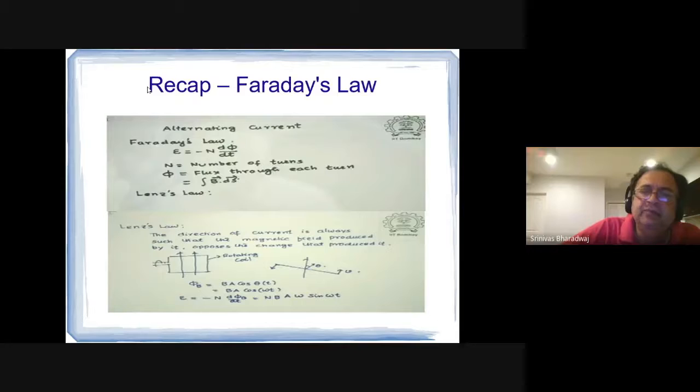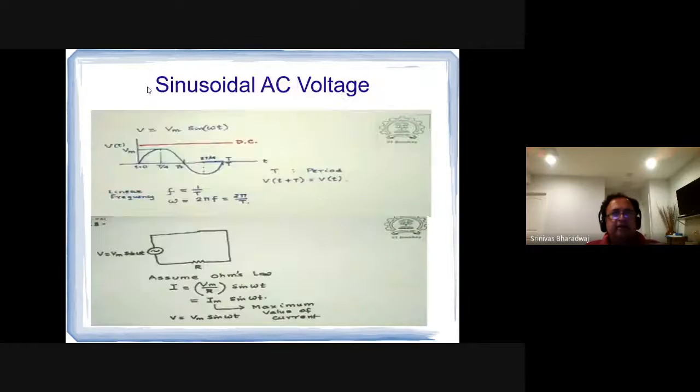Therefore we had BA cos omega t, and when you take the derivative, we had epsilon naught equals minus n times d phi by dt. D phi by dt was n dA omega sine omega t, if you remember from our discussion on alternating current with respect to the AC generator.